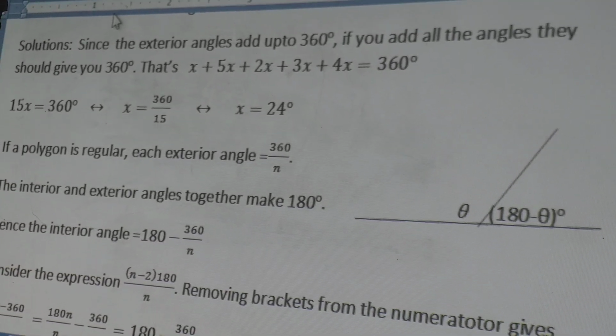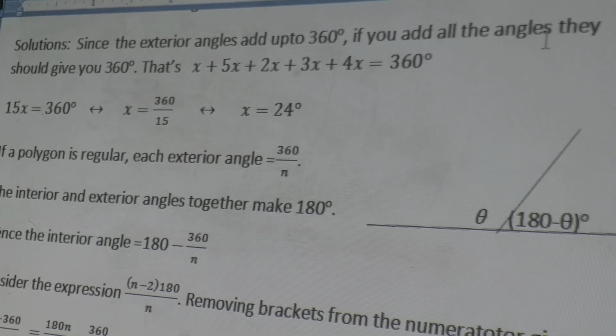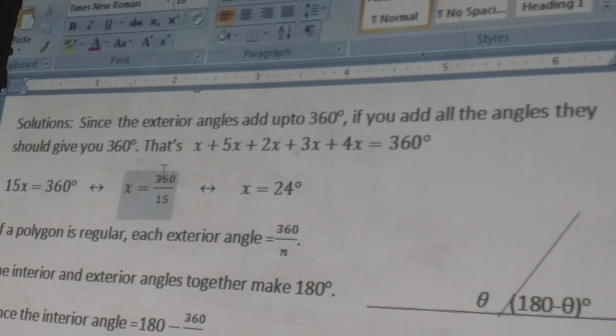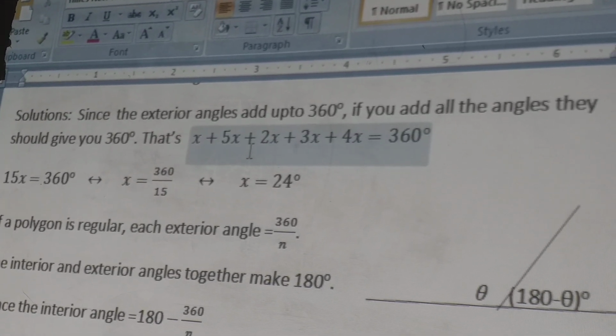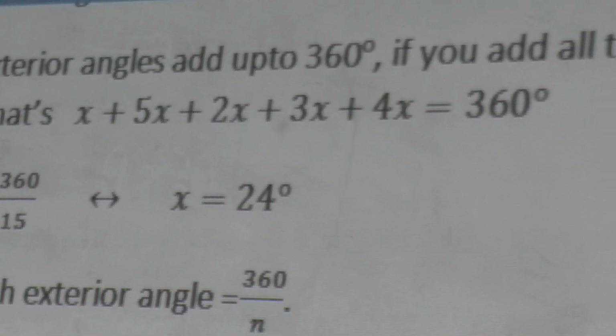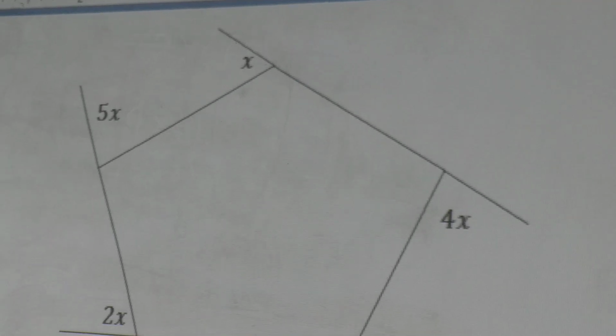Now, since the exterior angles add up to 360, if you add all the angles, they should give you 360 degrees. Thus, x plus 5x plus 2x plus 3x plus 4x equals 360. These are the angles we have there.